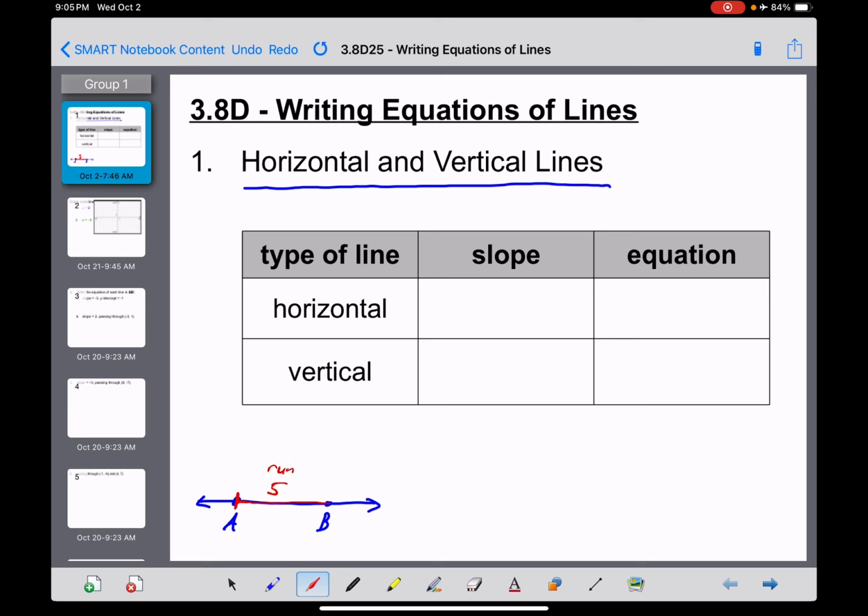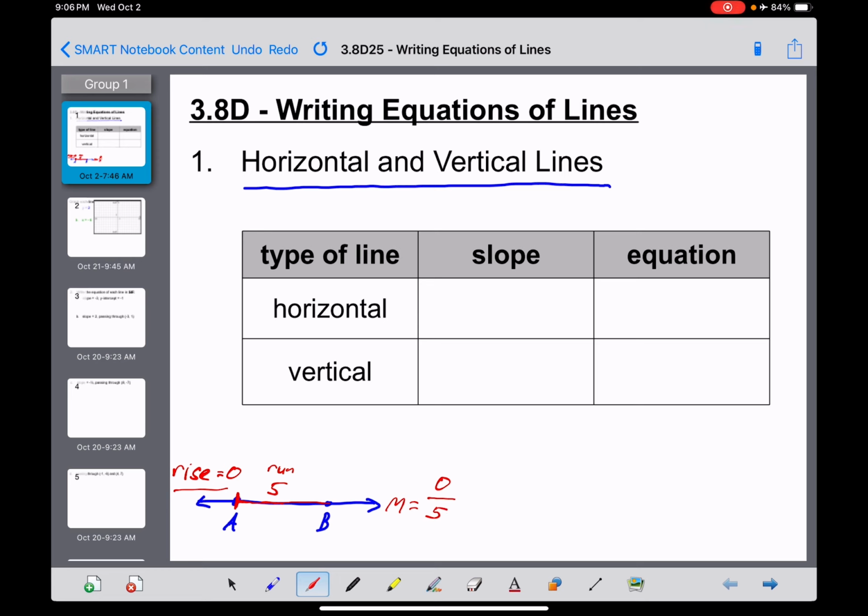What really matters is that your rise is equal to 0. You're not going up or down at all. So when we find the slope of a horizontal line, it would be your rise over your run, which would be 0 over some other number. I just made up the 5.